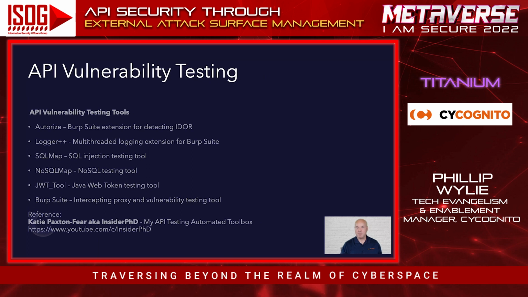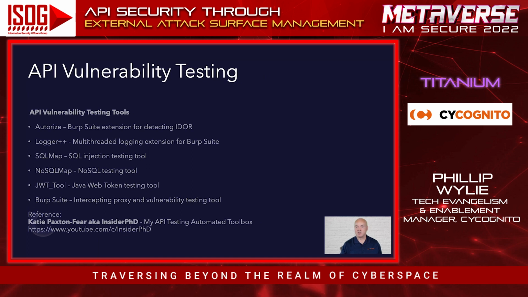NoSQLMap is a NoSQL testing tool, jwt_tool for JSON Web Token testing, and then Burp Suite, an interception proxy and vulnerability scanning testing tool. So this does vulnerability scanning as well as use some of these different plugins and extensions to help make finding vulnerabilities less difficult. And you can use tools like Postman to test those APIs as well.